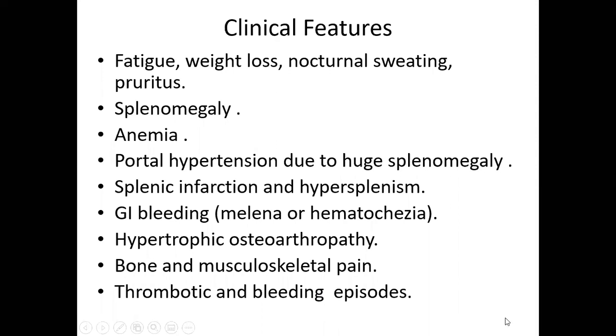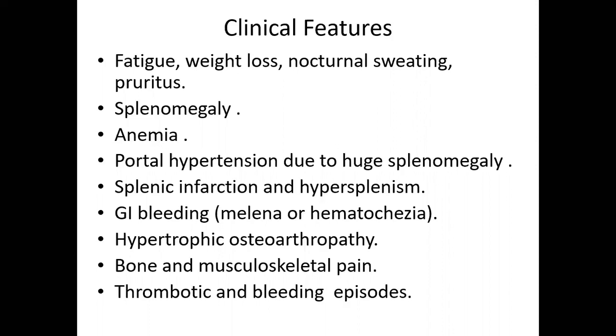The clinical features include the following: fatigue, weight loss, night sweating, and itching. The patients with myelofibrosis suffer more if we compare them to patients with polycythemia vera.